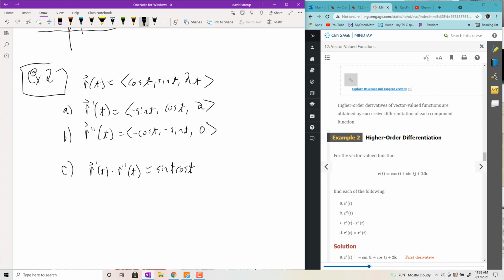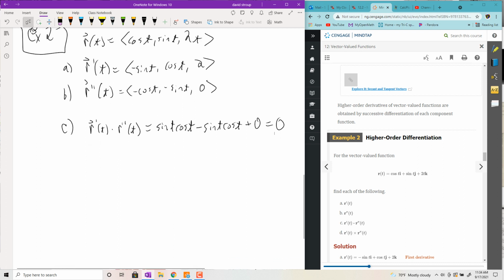Cosine times negative sine is negative sine t cosine t. 2 times 0, so I add in 0. So plus 0. In this case, the velocity vector and the acceleration vector, the dot product is 0. Okay.